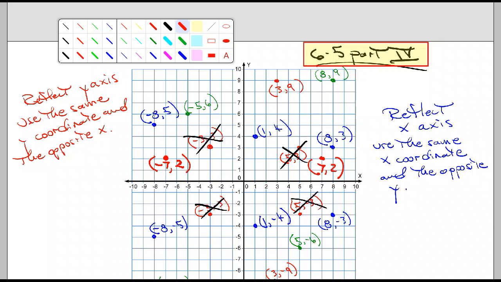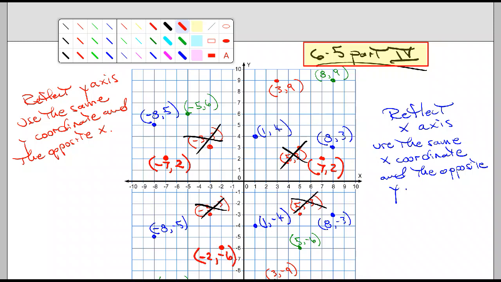Let's do another one. How about right here? What's the coordinate of that point? -2, -6. Yep, -2 is the first one listed, and then -6.